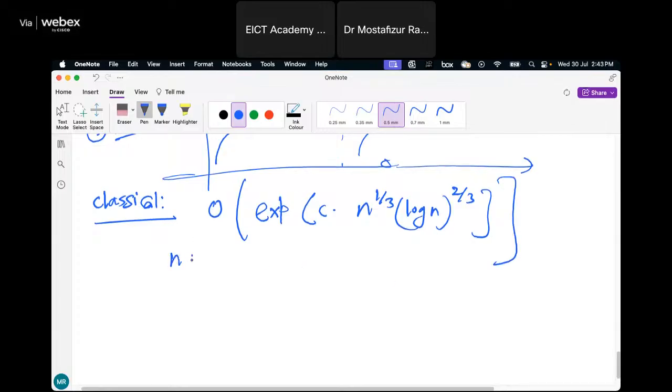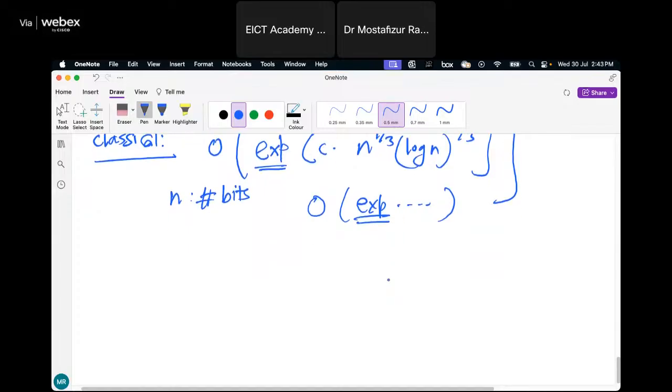Now if n is the number of bits needed to describe your number or period, then even using the classical FFT that helps you find the period classically, it is basically exponential complexity, e to the power something, right? So it's an exponentially hard problem.